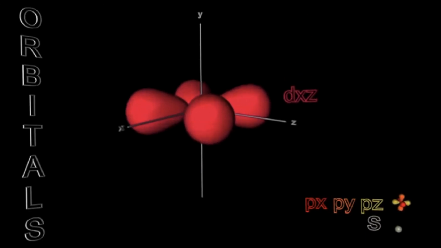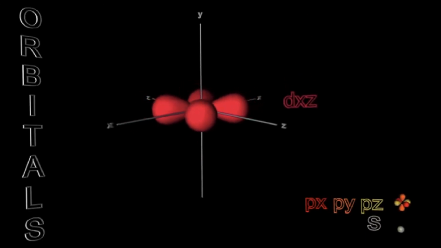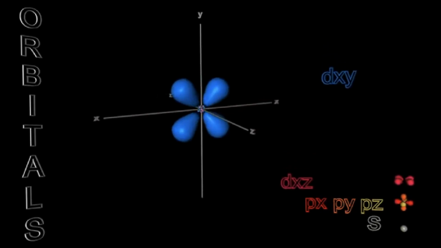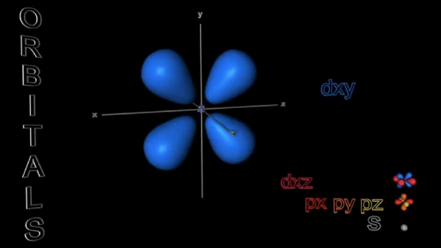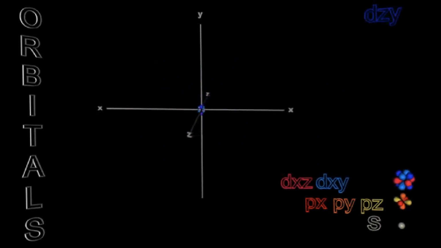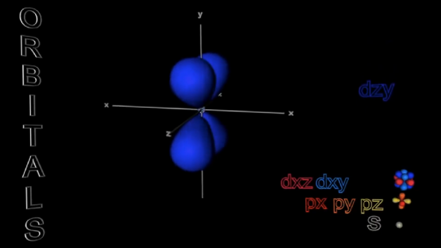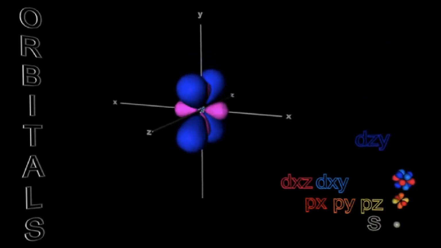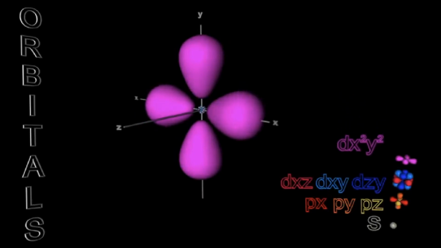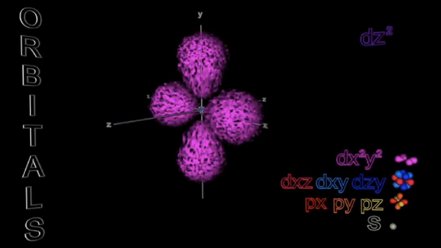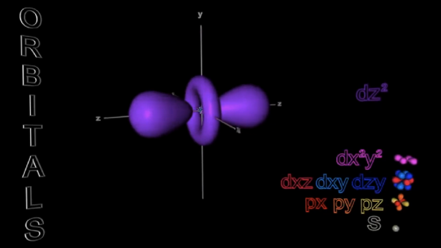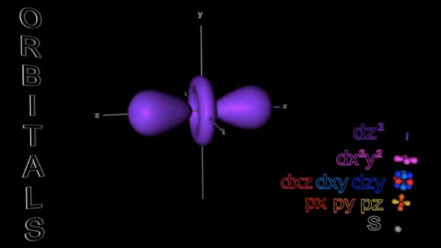This is dxz orbital. Next one is dxy orbital. It's in between the x-axis and y-axis. Similarly, dyz in between, and this one is dx square y square, and the final one is dz square. It's on the z-axis.